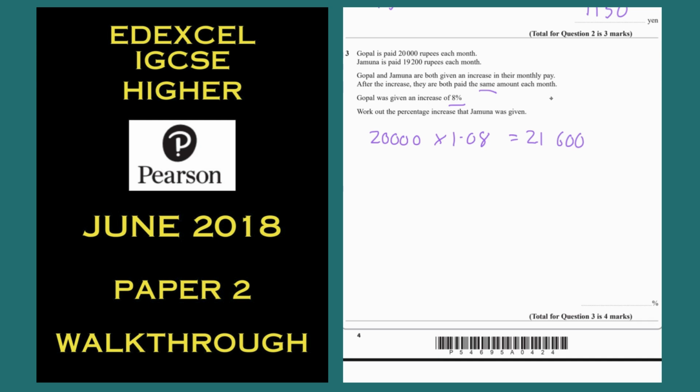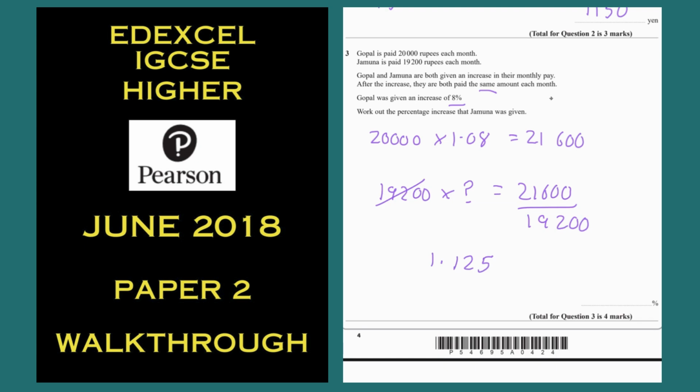Work out the percentage increase. So this 19,200 multiplied by something must give 21,600. So divide both sides by 19,200 and you'll get 1.125.